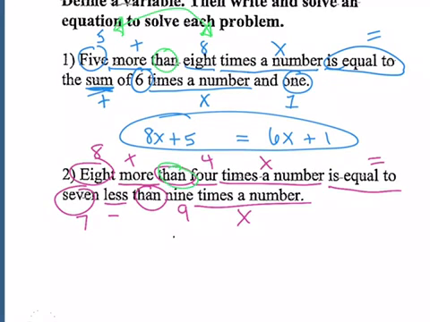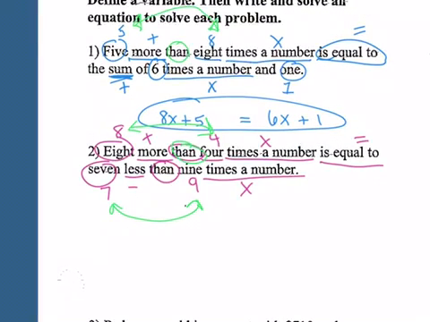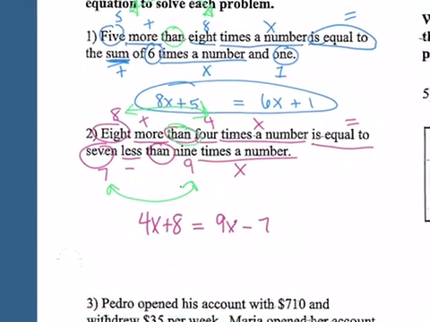So all that word "than" means is that we're flip-flopping. That's really easy now. So instead of 8 plus 4x, it would be 4x plus 8, because it's saying 8 more than that, whatever that is, equals 7 less than 9 times a number. So 9 times a number minus 7.